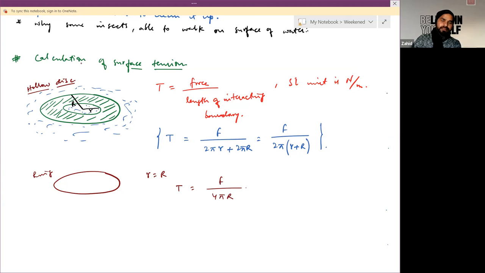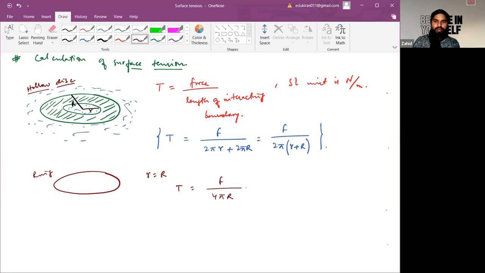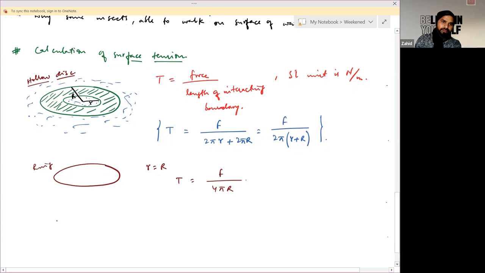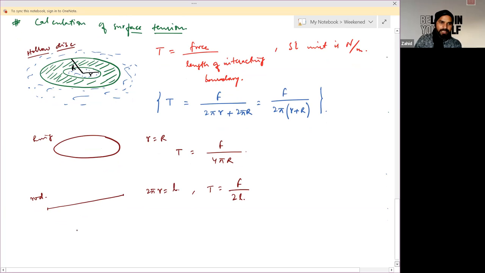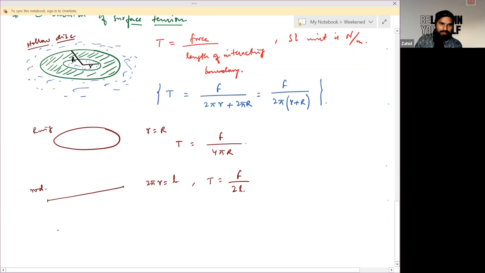Now, if you further break it to form a rod or a straight path like this, 2 pi r becomes L. So this will be L plus L. So surface tension equals F by 2 times L. And one last part for a complete disk.